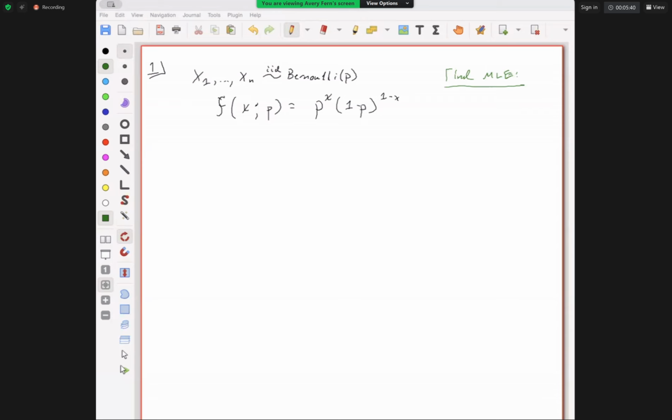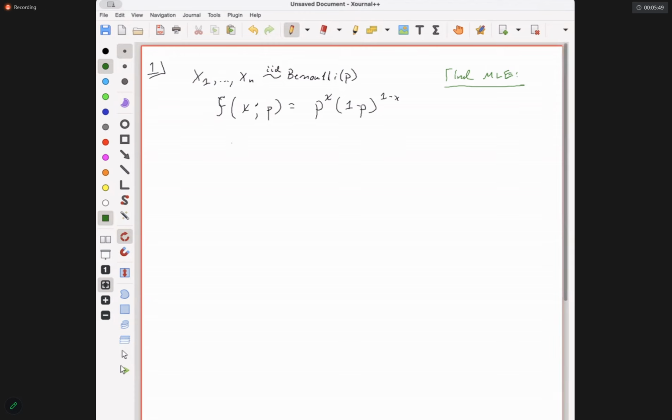Okay, so what we have here is the PMF, the probability mass function for one observation. But the first thing we need is the likelihood function.